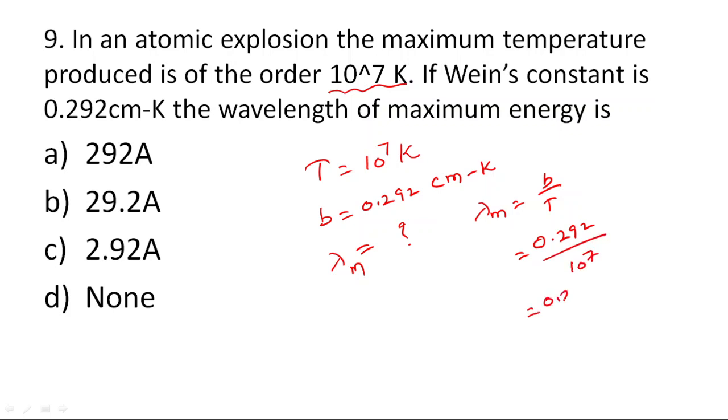So 0.292 in centimeters divided by 10 power 7, that is 0.292 into 10 power minus 7 centimeters. The options are given in angstrom units, so we have to convert this into angstrom units. So 2.92 into 10 power minus 8 centimeters, and 10 power minus 8 centimeters is equal to 1 angstrom unit.